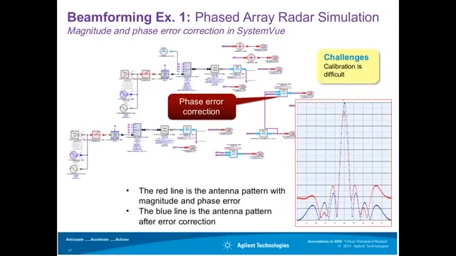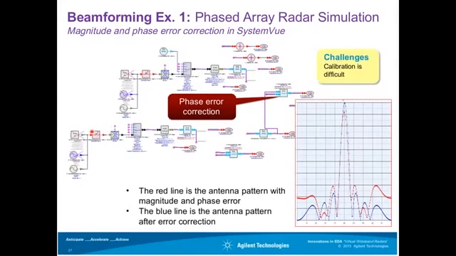So we already prepared some examples for customers, okay? Firstly, we have an example to study the calibration for the phased array system. So here is a phased array system.